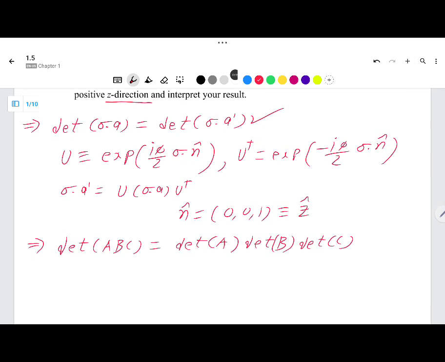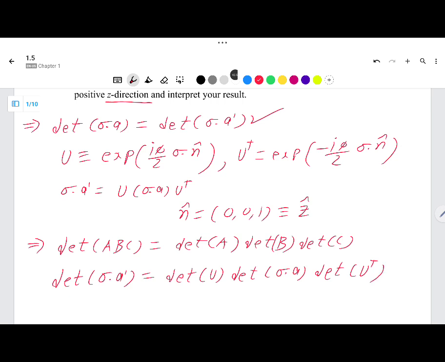So if you would like to check the determinant of sigma dot A prime, we just need to see the determinant of U, determinant of sigma dot A, determinant of U dagger. Right?